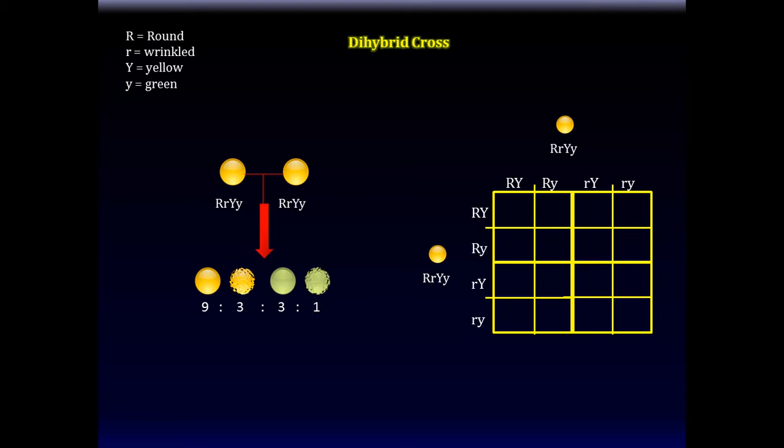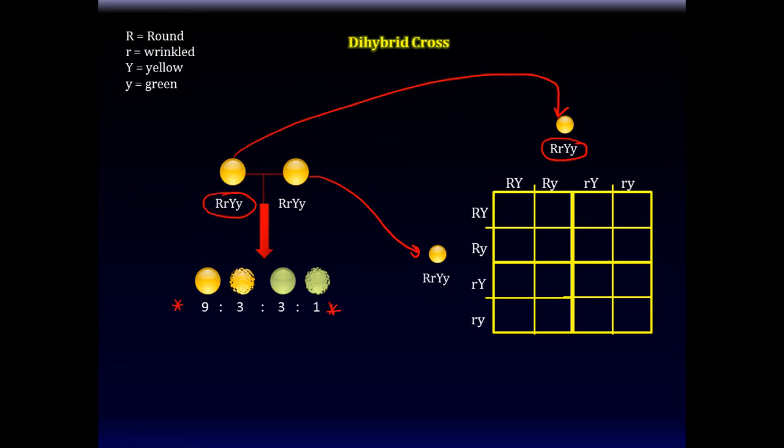Now look at this. Why does this happen in this particular ratio? That's what we're going to try to understand. This would be a parent, the genes of the parent. This parent is going to be over here, and this parent is going to be over here. Looking at this parent, they're going to make gamete cells, or pollen, and they're going to have 4 options.